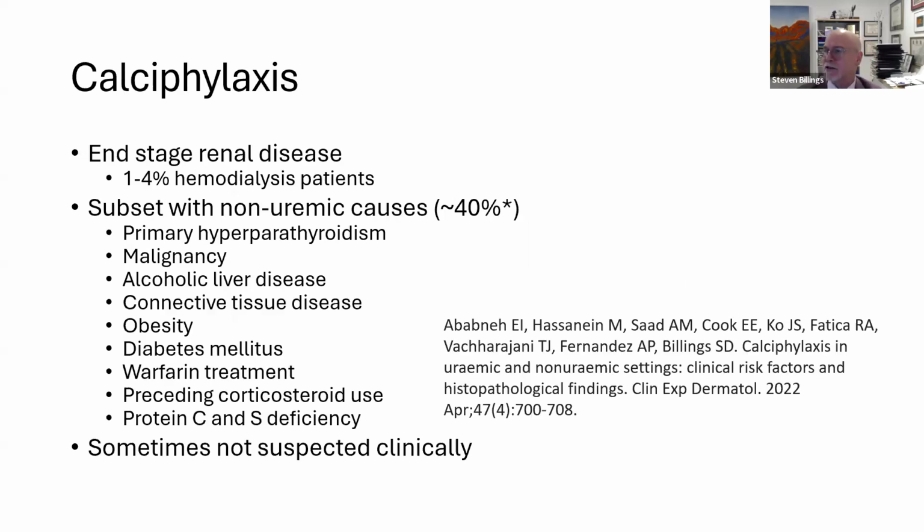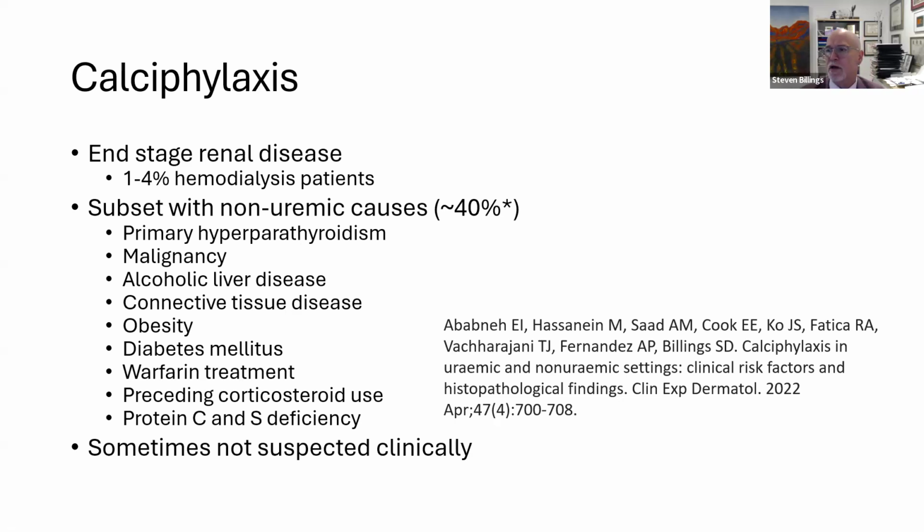We're next going to talk about calciphylaxis. Calciphylaxis is seen commonly in the setting of end-stage renal disease, and it happens in between 1 to 4% of hemodialysis patients. Now, we used to think that calciphylaxis was almost exclusively seen in end-stage renal disease, but when we reviewed all of our cases here at the Cleveland Clinic over a number of years, we found that about 40% of patients did not have end-stage renal disease.